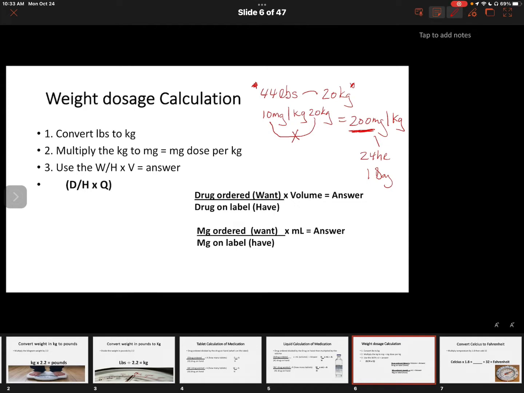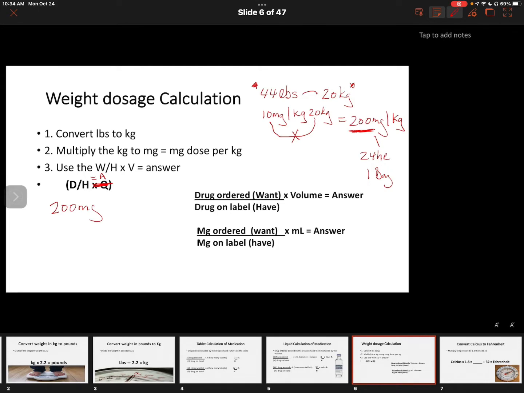Now that we know the patient's max dose is 200 milligrams, what they want us to do is to use the W over H times V, or the D over H. We should probably take out that Q and just say that it's equals A.